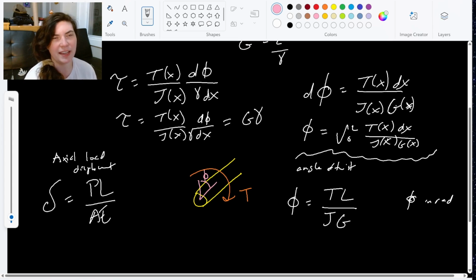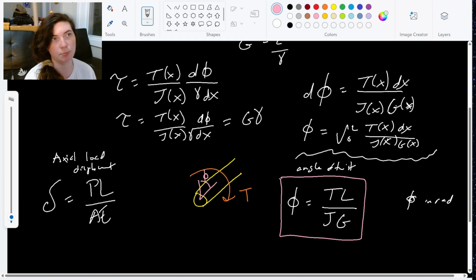So it's kind of like a displacement, just your displacement is a twist instead of moving backwards or forwards, right? It's a twist. So we represent this twist by the angle, and this is our angle of twist. That's what this phi represents. This is angle of twist.